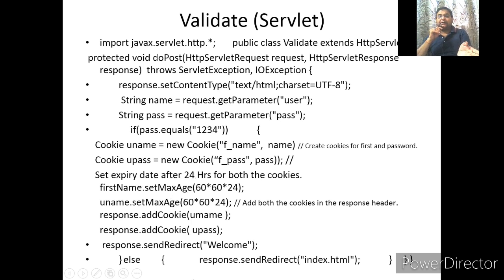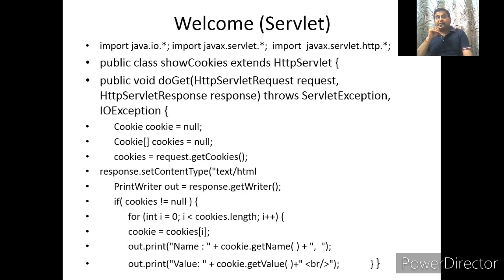And after creating cookies and setting setMaxAge, we add the cookies to the response, and once the cookies are set in the response and response.sendRedirect executes, the values of the cookies come to the client machine and are stored in the form of a text file. So all cookie variables are stored at the client machine in text form.